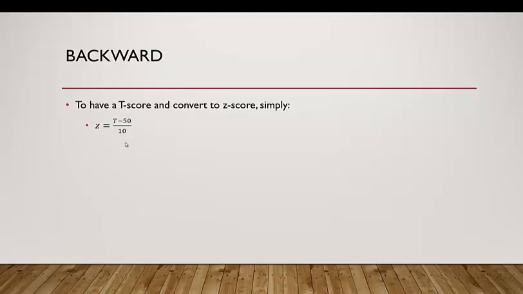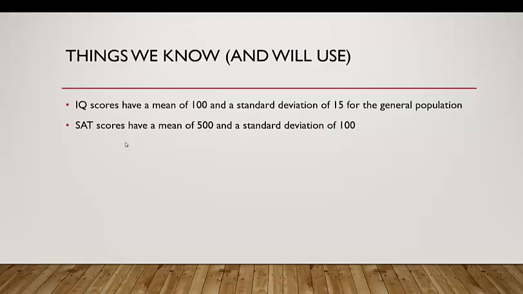So, what does all this have to do with what we're trying to learn? And how does it fit in with the stuff we've already learned about central tendency and measures of dispersion? Well, I'm glad you asked. So, let me throw out a couple of tidbits for you here that we'll look at in a minute. We know that IQ scores have a mean of 100 and a standard deviation of 15 for the general population.